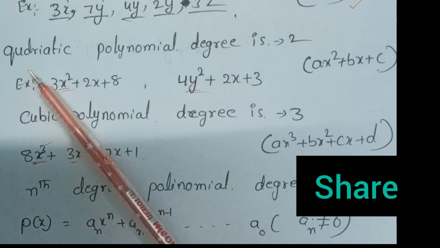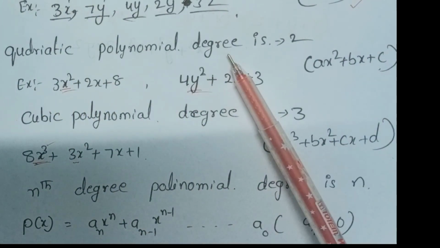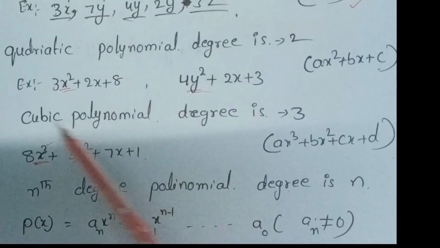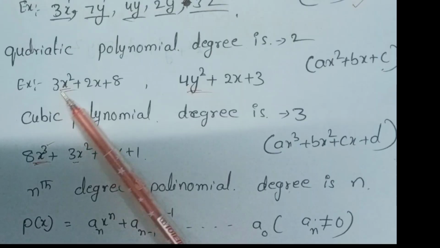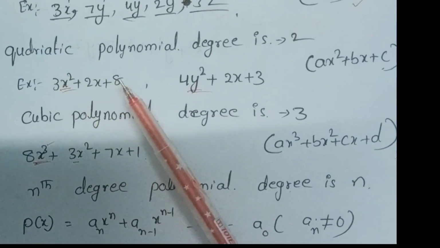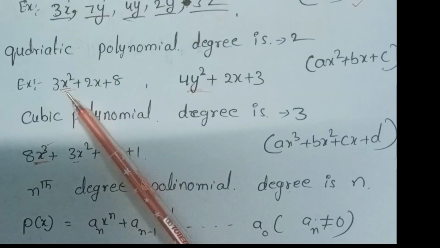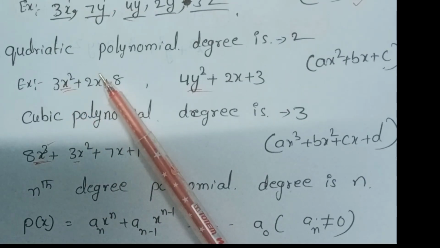Second one is the quadratic polynomial, degree is 2. The degree is 2, that is a quadratic polynomial. Here 3x square plus 2x plus 8. This is one polynomial. Here in x square the power is 2, in 2x the power is 1.